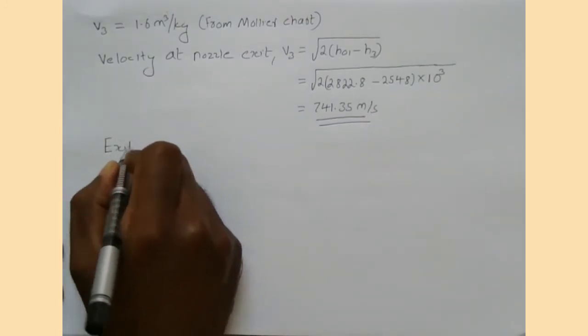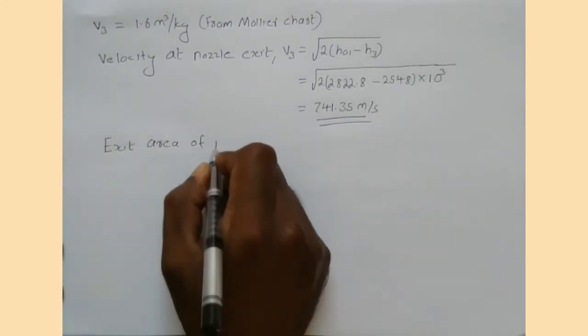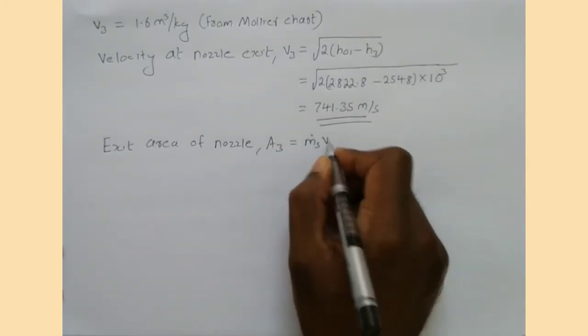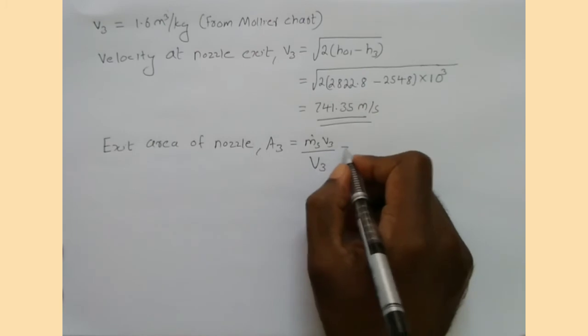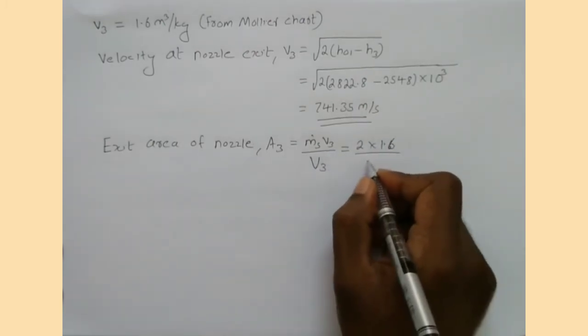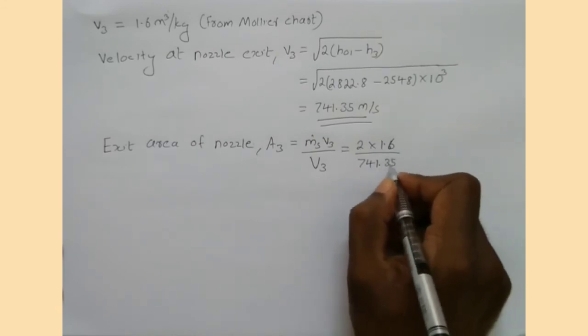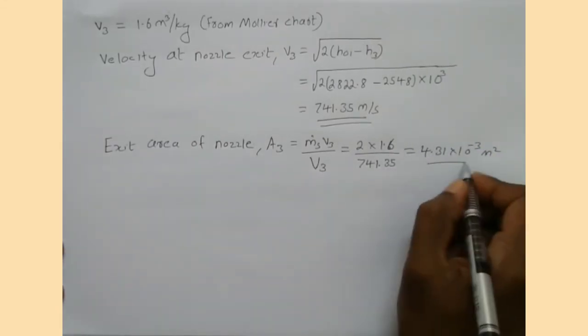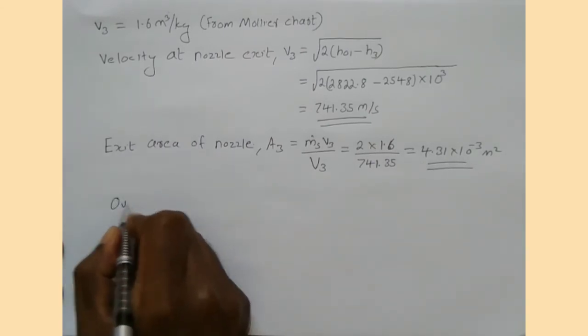Now the exit area of the nozzle, that is A3 equals m dot s into capital V3 by small v3, that is 2 into 1.6 by 741.35, that is 4.31 into 10 raised to minus 3 meter squared.